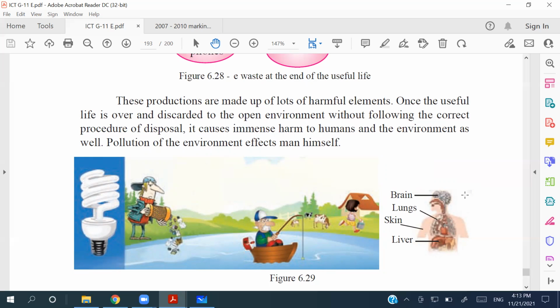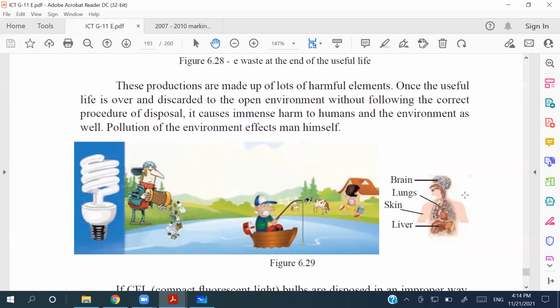So it affects the people who are using that, and the animals. So everyone will get affected, right? And it will give you different kinds of diseases, like cancers, skin irritations, right? Many different illnesses can happen from e-waste, right?